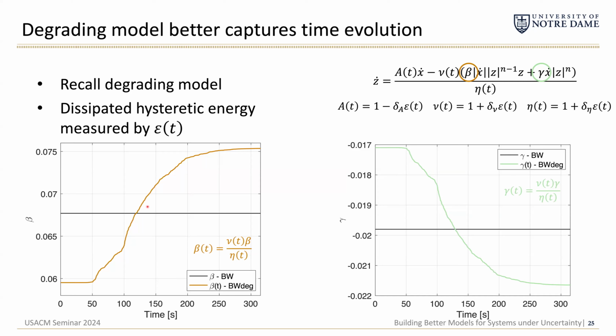So this value from the conventional and this one from the conventional for gamma are very close to the time average value for beta as a function of t and gamma as a function of t. So what happens is the degrading Bouc-Wen, by being able to track this dissipated hysteretic energy and modulate and evolve beta and gamma over the course of the simulation, gains enough performance advantage to justify these extra parameters and therefore make it a better, more probable model given the data we're observing.